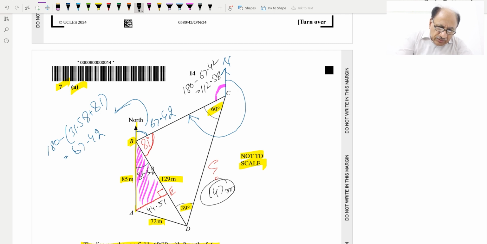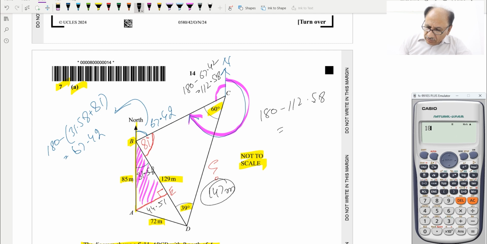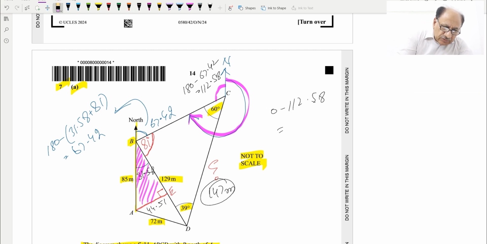And this angle till here will be 180 minus 112.58, which is equal to, it's not 180, it should be 360 minus, because circle angle is 360.